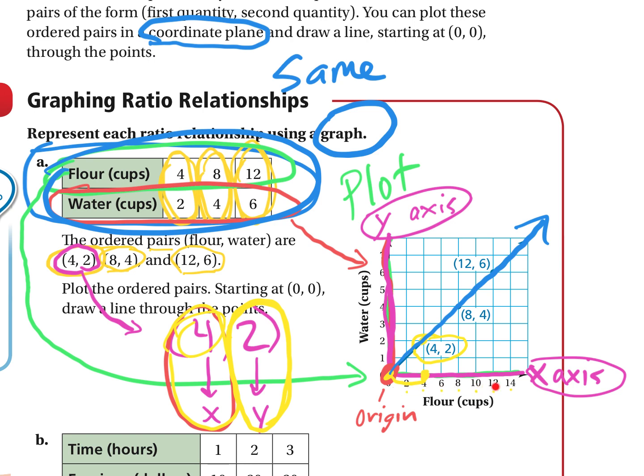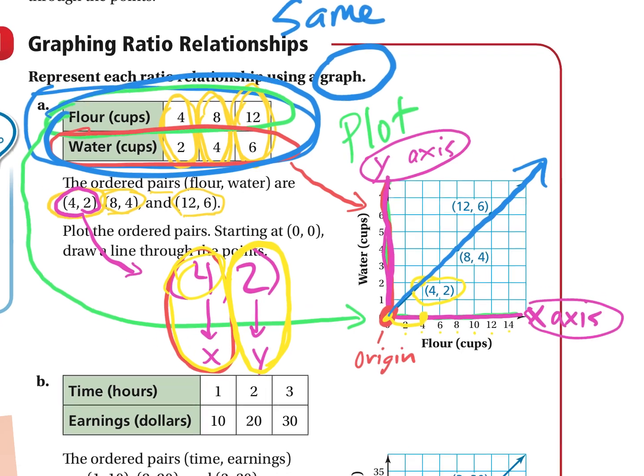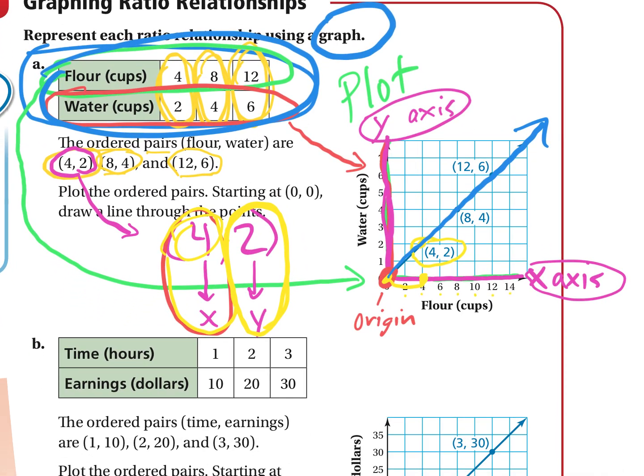So the more I increase my flour, the more water I'm going to need, and the quantities continually go up. Okay, so that's a quick introduction to using ratio tables to graph on a coordinate plane.